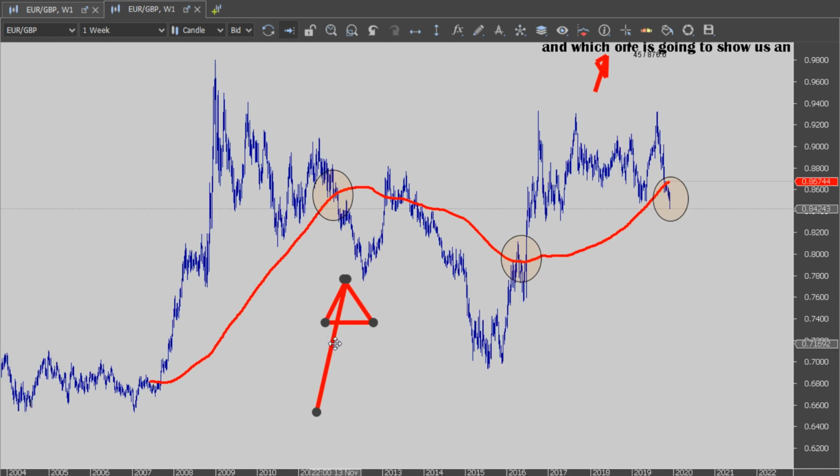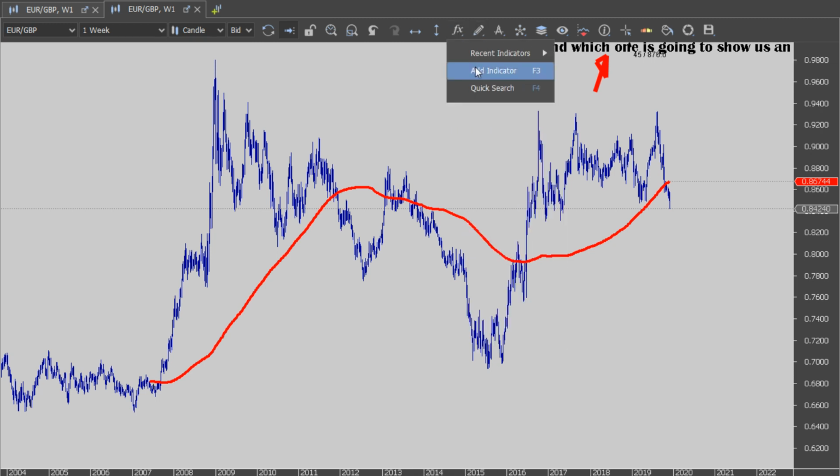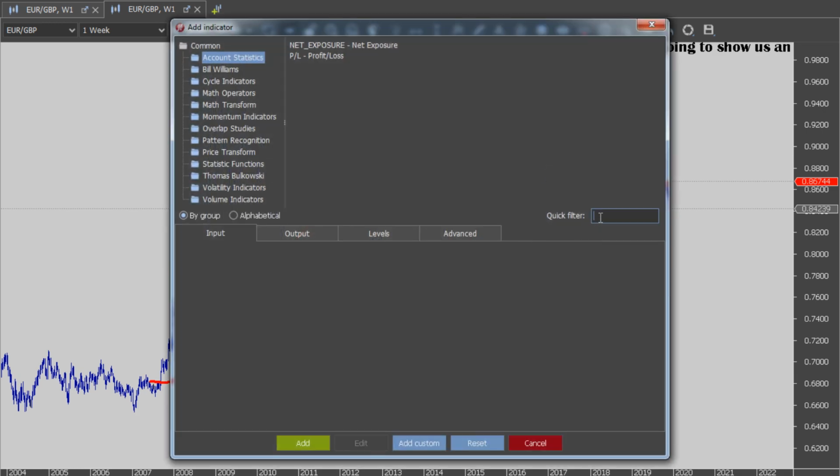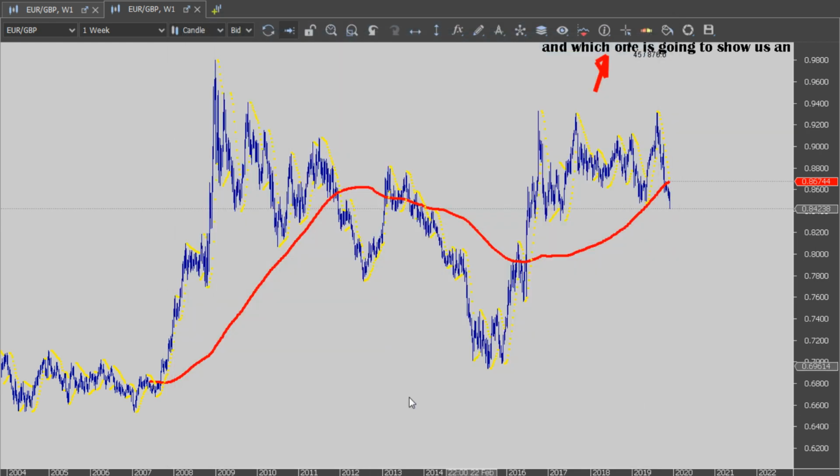But the simple moving average, everybody, as an indication of direction, it's quite different in comparison to, okay, to what? Let me think, to the parabolic SAR. Let's see parabolic SAR.